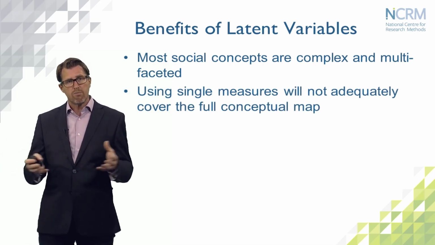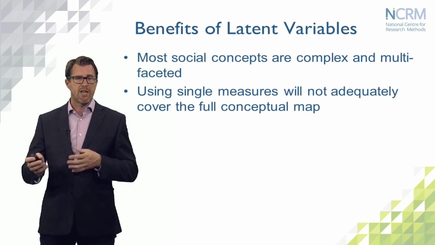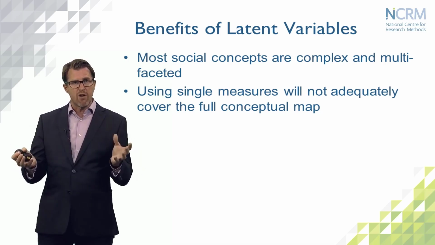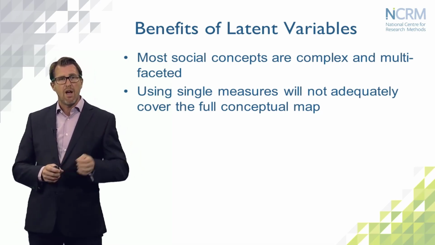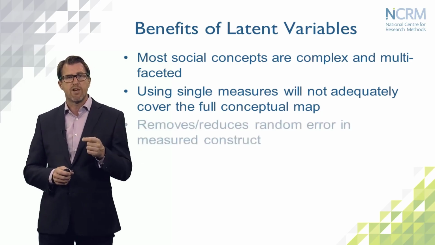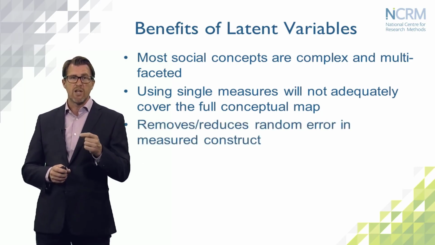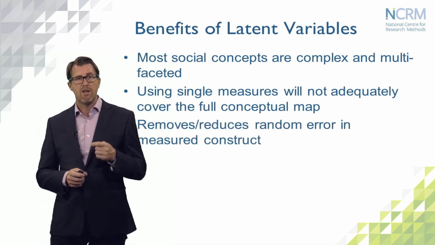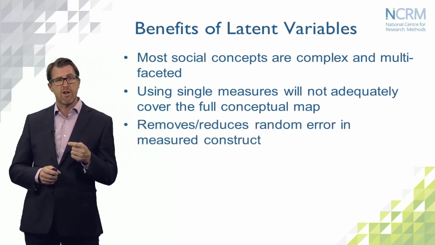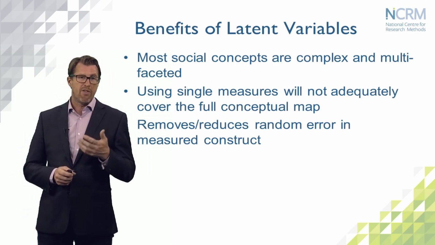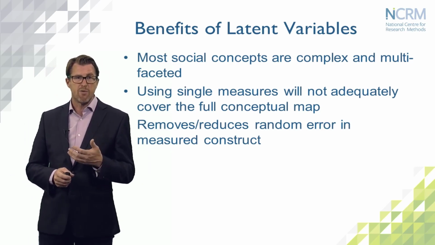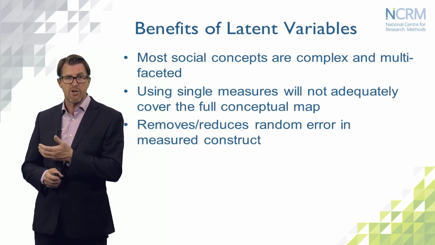So we probably need to have multiple indicators to get a good coverage of the concept. As I mentioned, it also enables us to remove or at least reduce random error in the construct that we're measuring.